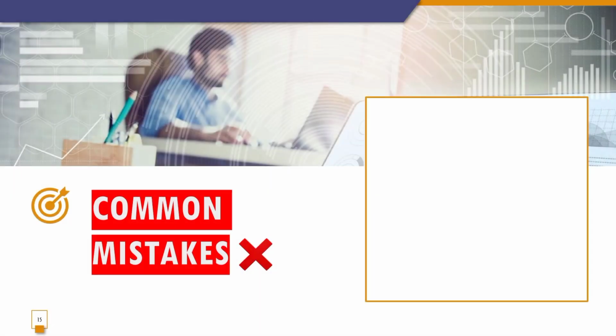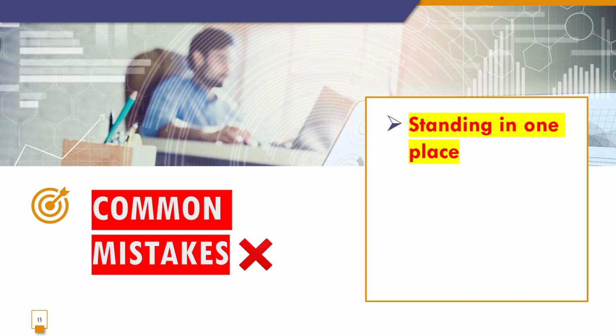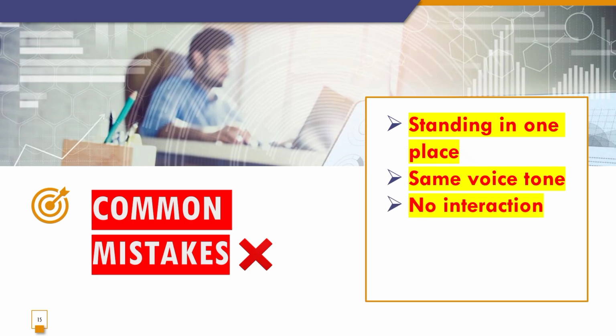Now let's talk about the common mistakes. Many teachers make these mistakes. That is, standing in one place. Second is same voice tone throughout, no voice modulation. Then no interaction, just going on at one flow.